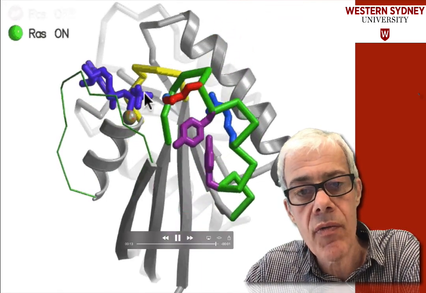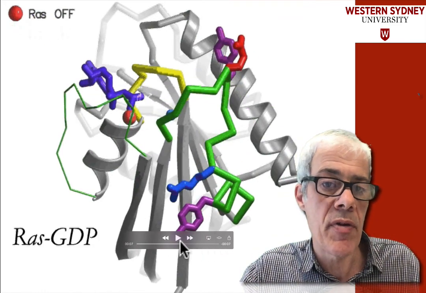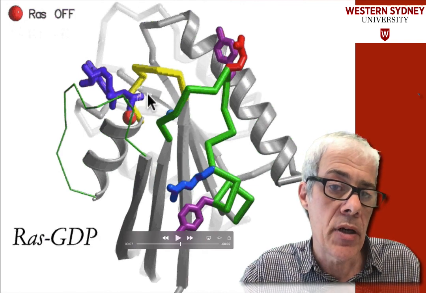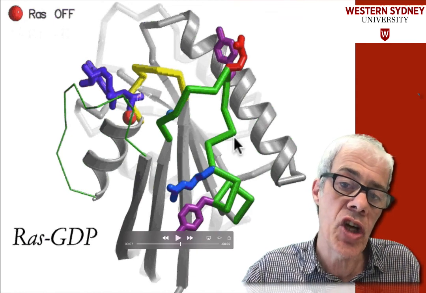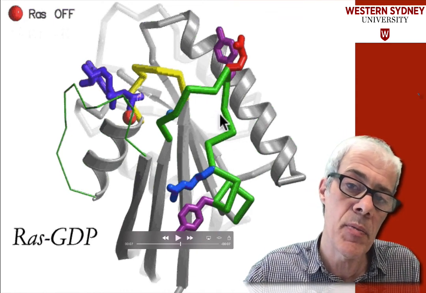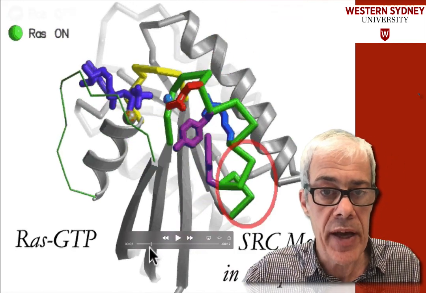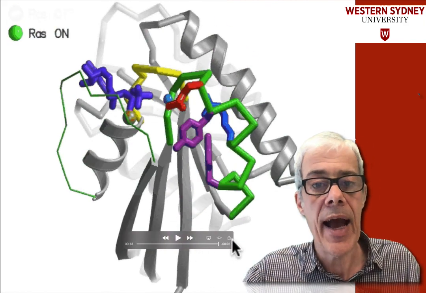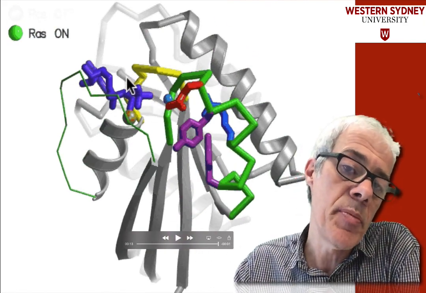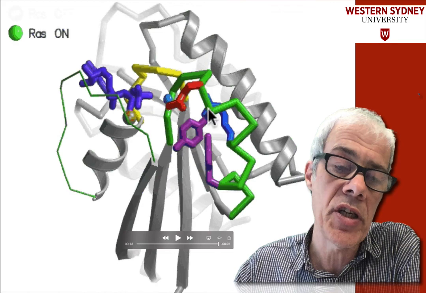So when you switch from the GDP to the GTP, you cause a change in this part of the protein molecule. And as you get a change from the active GTP to the inactive GDP version, you get a change in structure. And when you get a mutation that stops the ability to hydrolyze that GTP, then you lock the protein in the on state.